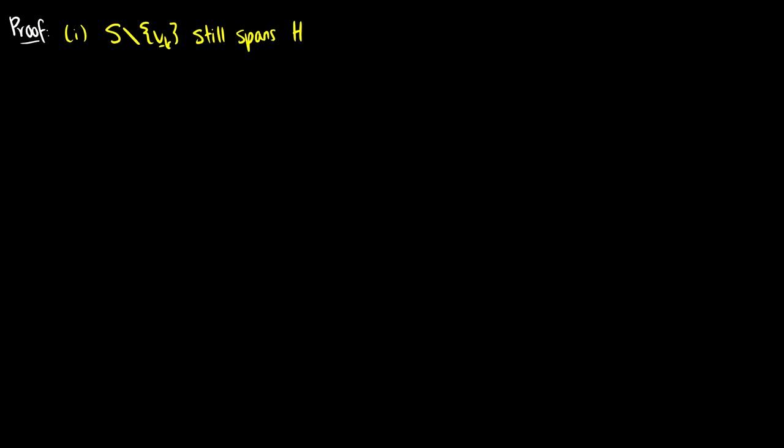So again, S is equal to v1 through vp. Let's take an arbitrary vector x. And this arbitrary vector x is going to be a linear combination of c1 v1 all the way up to cp vp. So this vector x is in our span. It's arbitrary though. So we're going to pick a vk that is a linear combination of the other ones.